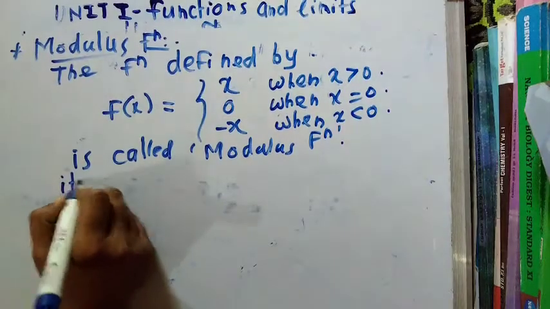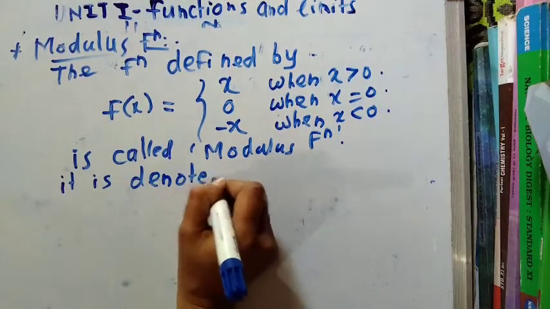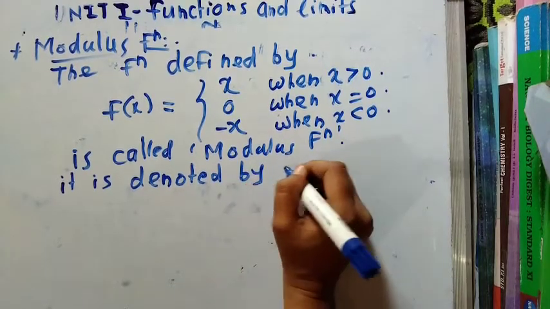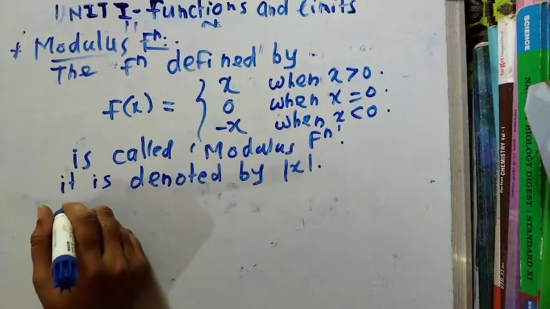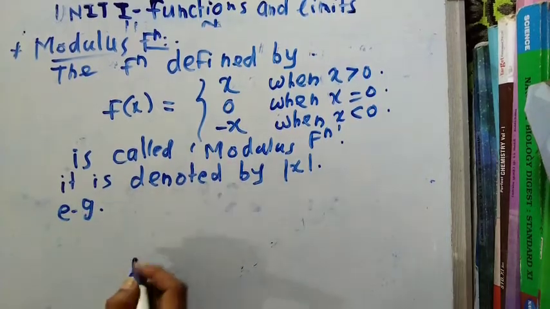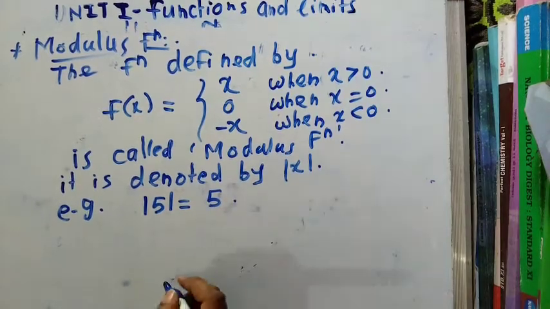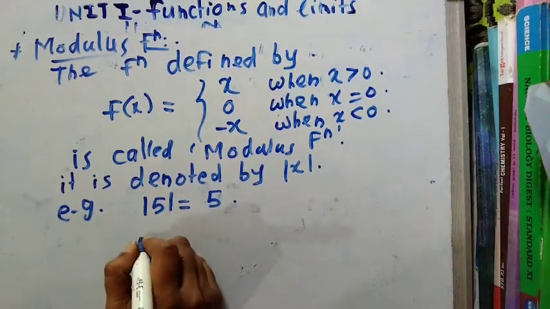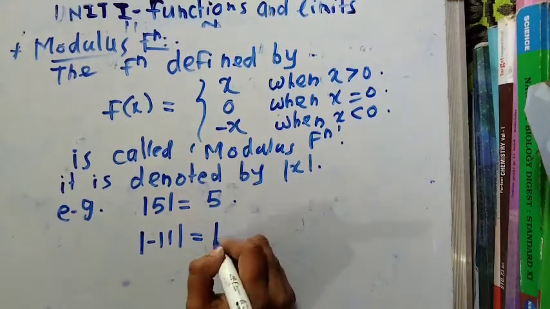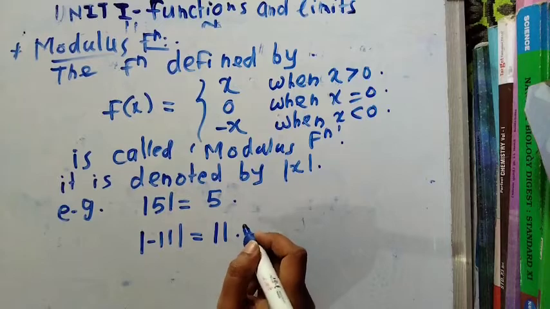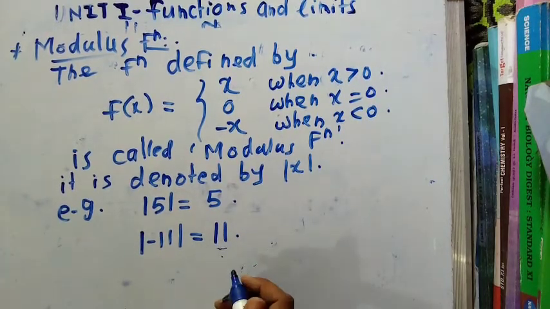It is denoted by mod of x. Here example, mod 5 is equal to 5, and mod of minus 11 is also 11, which means mod is always positive.